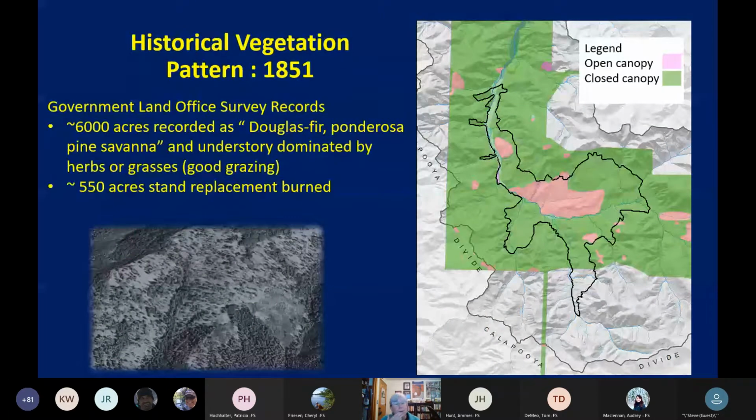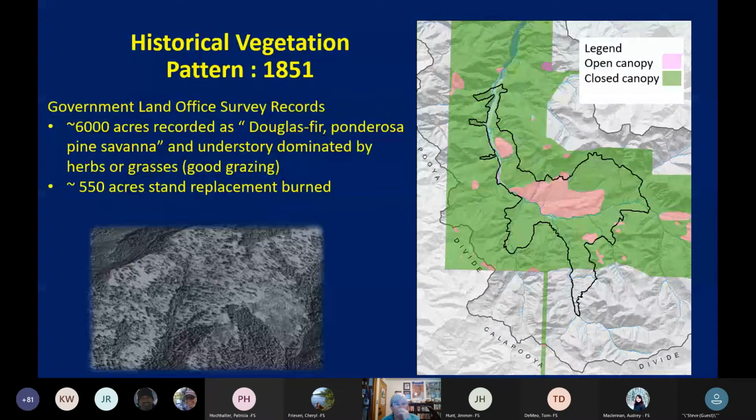And we have some historical evidence in terms of how fire might have interacted with these landscapes. For instance, the Government Land Office surveyors that inspected this area in the mid-1800s found some areas of open canopy forest. About 6,000 acres of these were recorded as Doug fir, ponderosa pine savanna with very grassy understories.